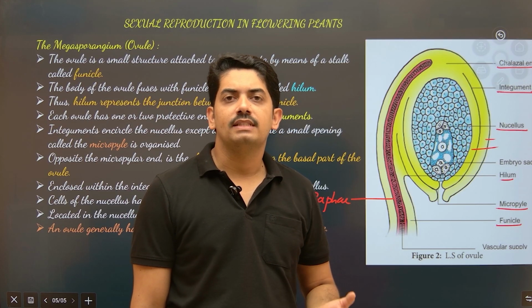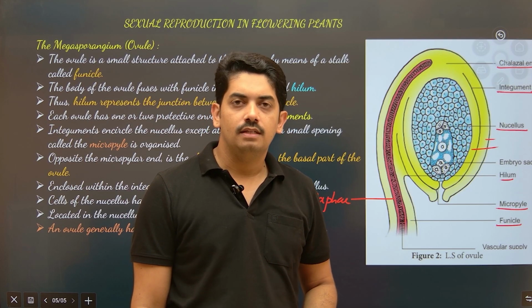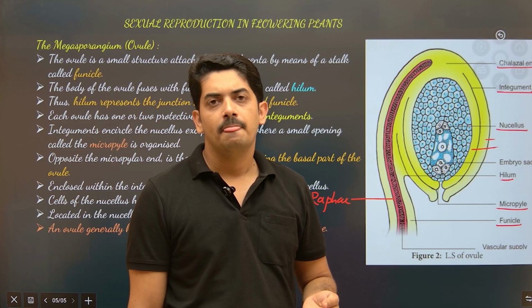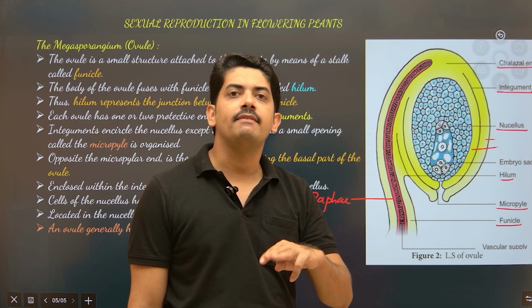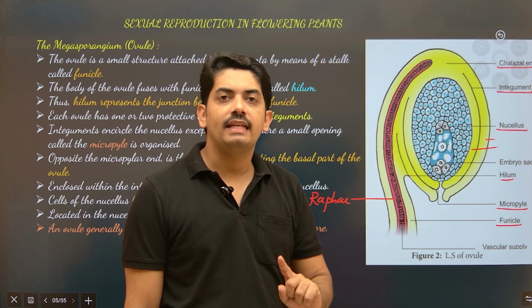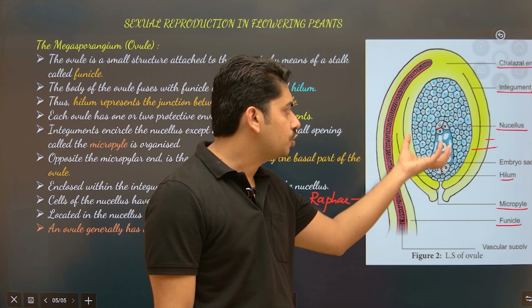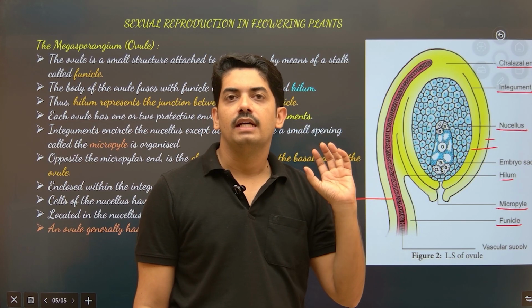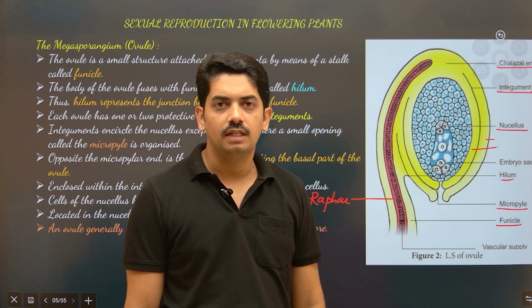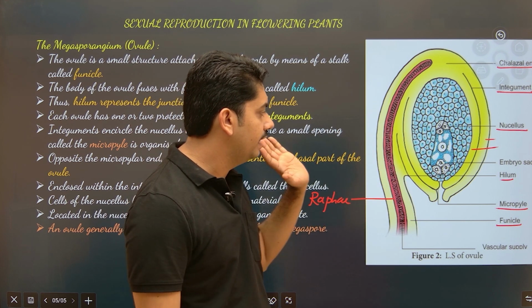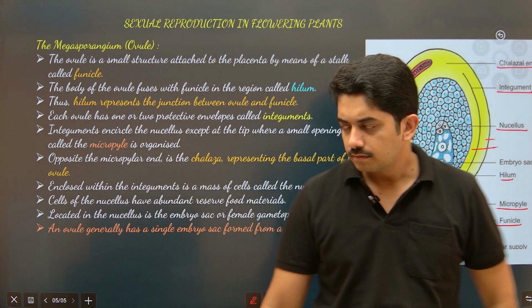Now the megaspore mother cell undergoes meiosis and forms 4 cells. Out of the 4 cells, 3 will degenerate, and the remaining one, which is nearer to the micropylar region, starts to grow and becomes the embryo sac in the later part of the development. So that we will study in detail in the next part.